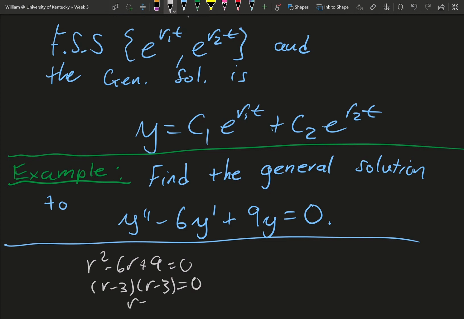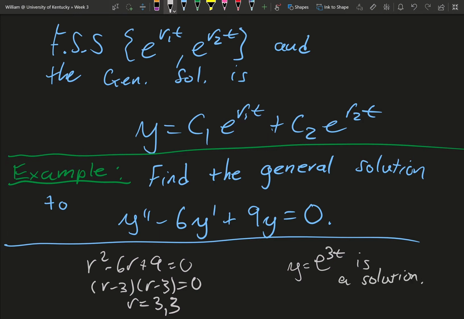And so we get that r is equal to 3, but sort of twice. Well, we only got one r value. So, okay, e to the 3t is a solution.